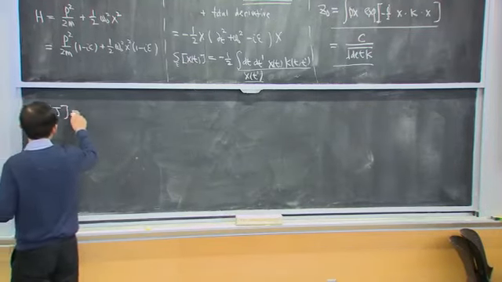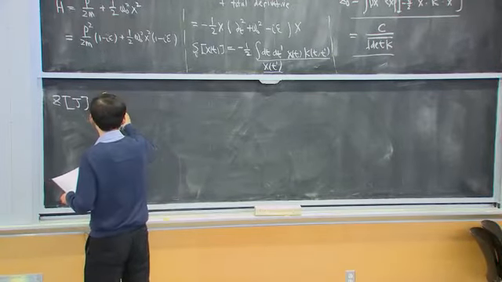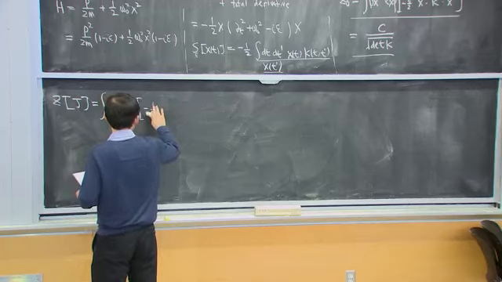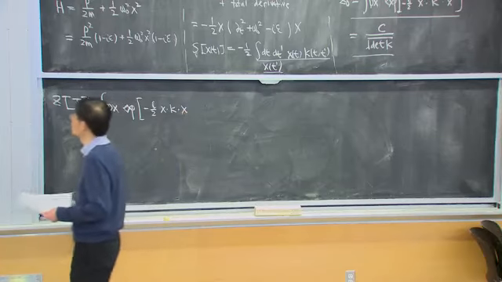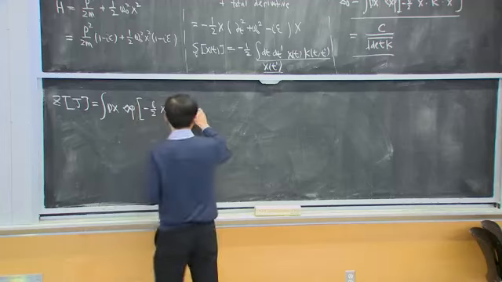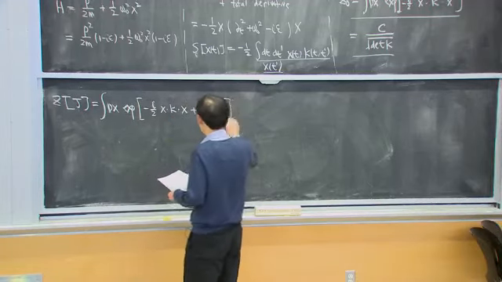Zj is the same integral, x dot K dot x, but now with this additional term. Let me write it in the simplified notation as J dot x.